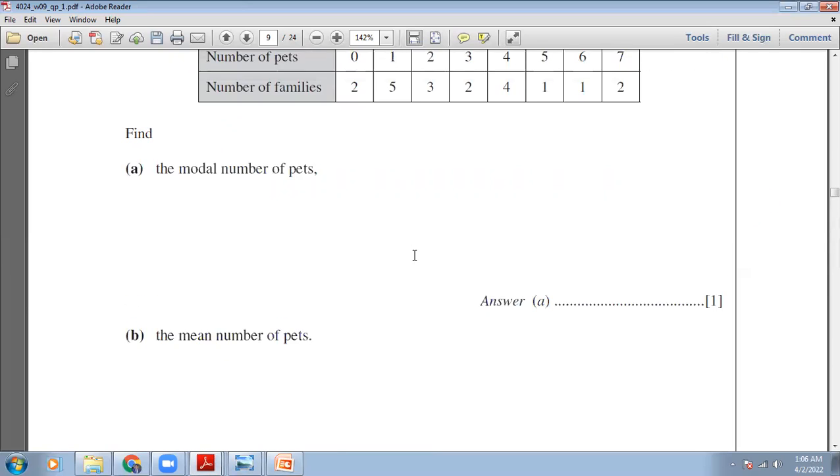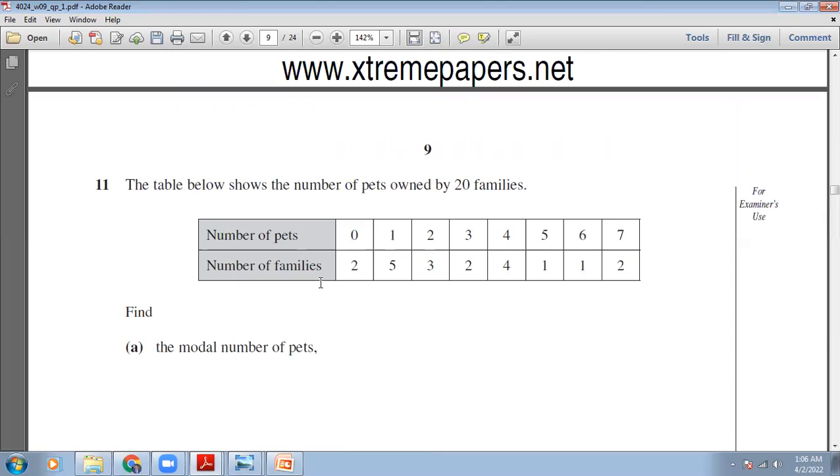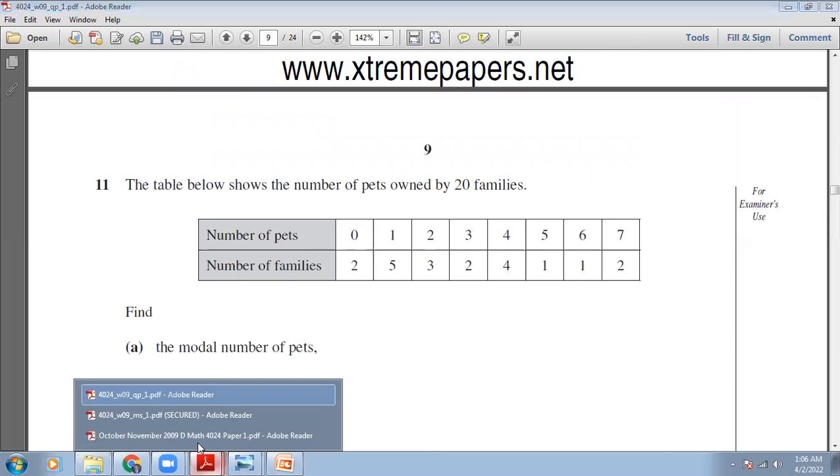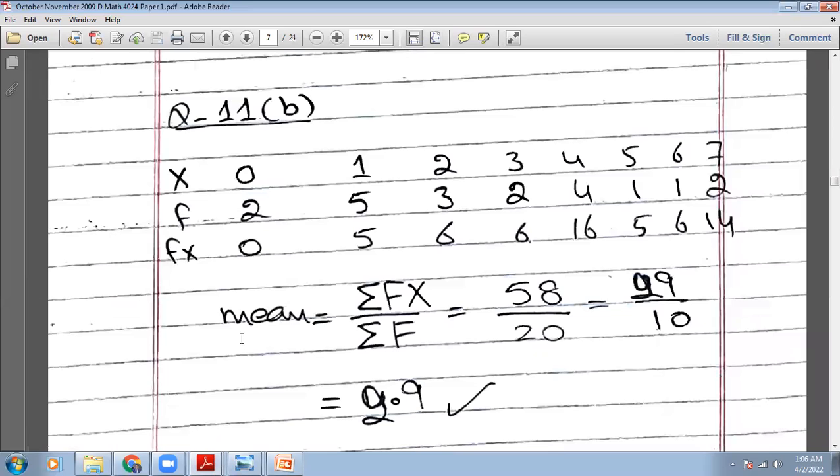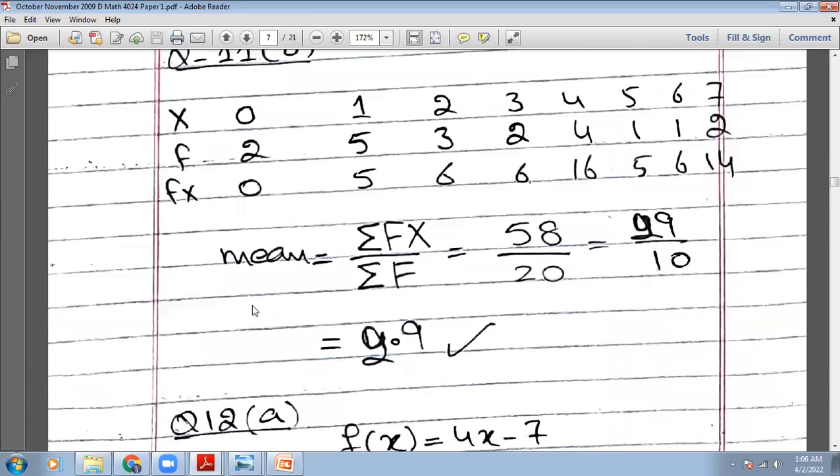The mean number of pets. So this is X, this is F. So we will find the answer for the mean. So you can see I have made that table. The upper row, the number of pets, is X, and the number of families is the frequency. You multiply both of these, the upper thing represents the X, the lower thing represents the frequency, and when you multiply both of them, that becomes Fx.